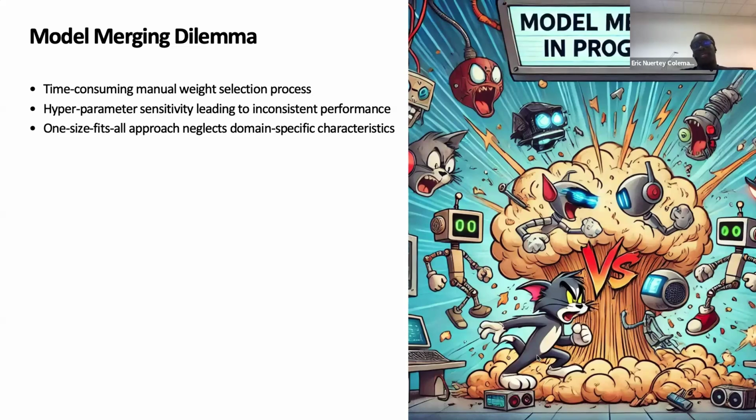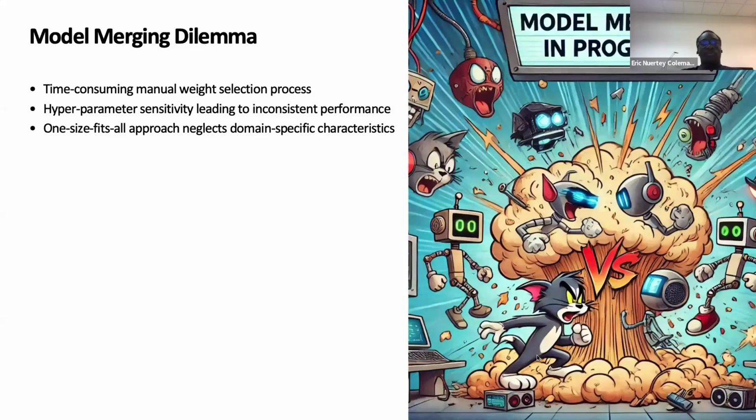So for example, if you take an algorithm like TIES, you have to select weights or coefficients for merging each. Let's say you're working with LoRA adapters, you have to select coefficients for merging the individual adapters together. So this coefficient is usually the influence or the importance of each adapter.